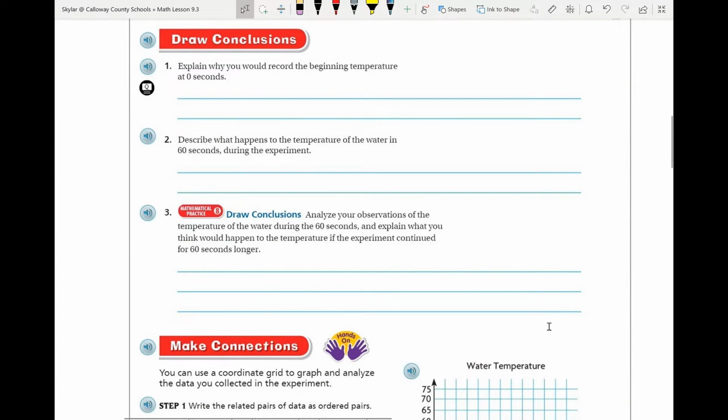So if we were going to describe what happens to the temperature of the water, when you first put those ice cubes in, the water gets much colder much faster. However, after you get past 30 seconds or 40 seconds, the temperature really doesn't go down as fast. It still goes down, but not as quickly.